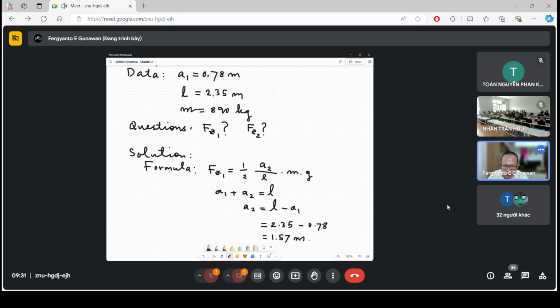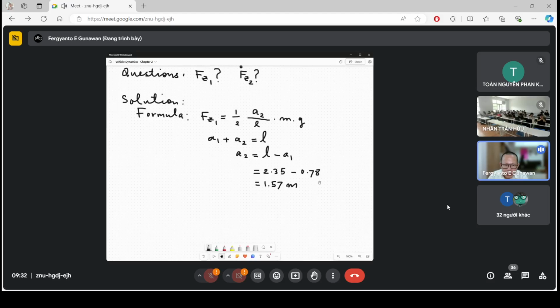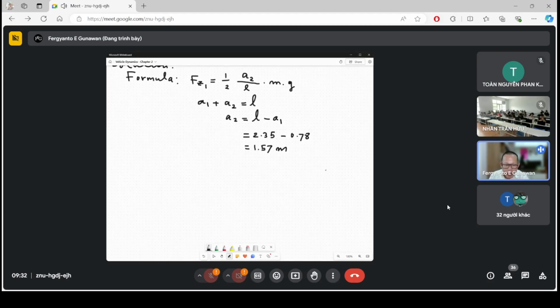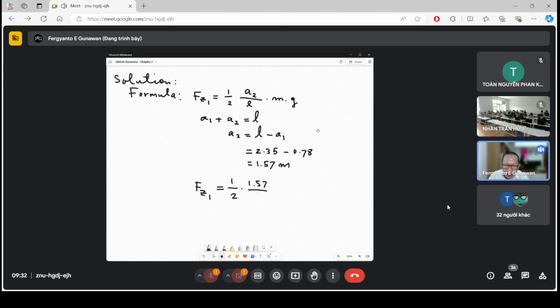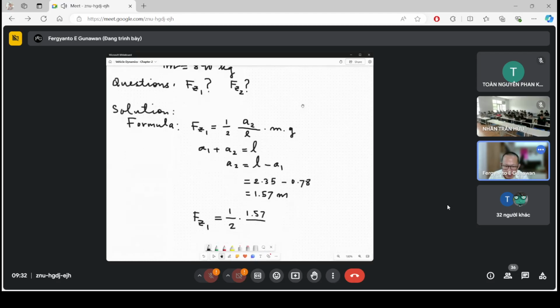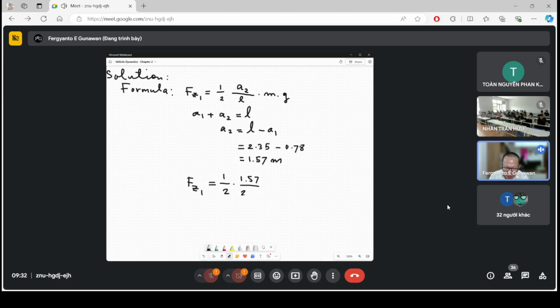That is A2, and now we are ready to calculate FZ1, which is a half multiplied by 1.57 divided by L, and L is 2.35, multiplied by the weight of the car, which is 890 multiplied by the gravity.